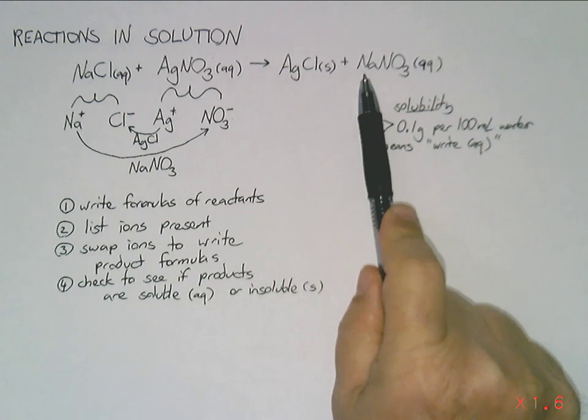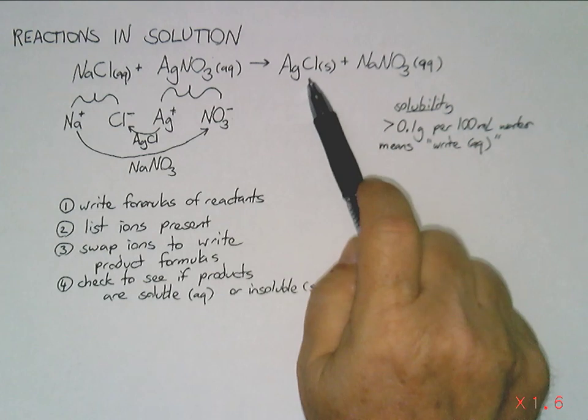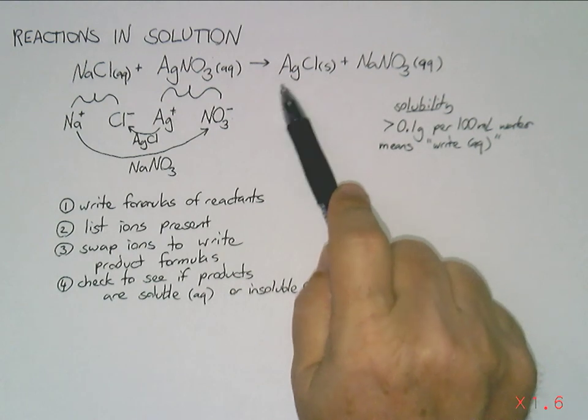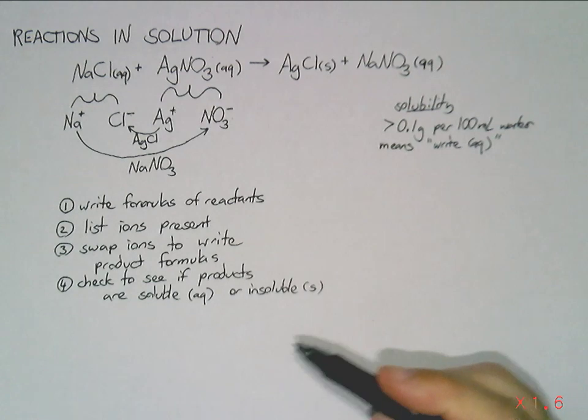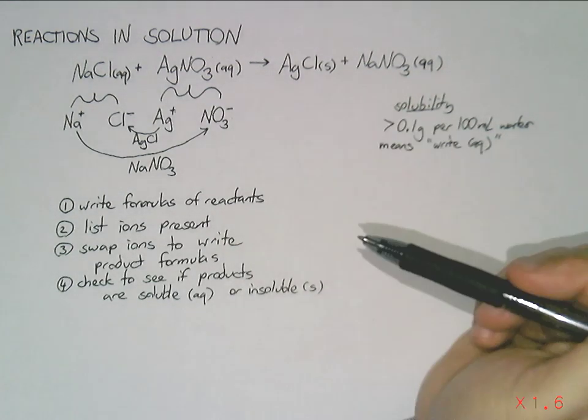So we have a sodium there, and you can put an AQ after it. There's another rule that says if you've got chloride, bromide, or iodide in your compound, that will be soluble unless you combine it with silver, mercury, or lead. So some of these rules have some exceptions. This one is an exception to the rule, and it's not soluble.